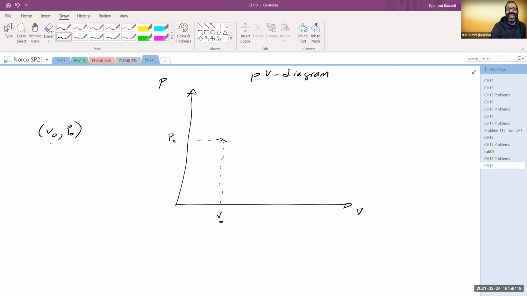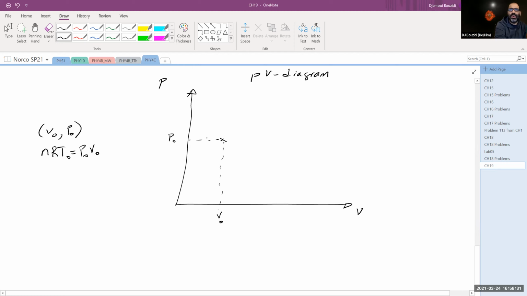Anyway, at this point, the temperature is well defined because this is an ideal gas. So at that point, we know PV equals nR T naught. So we know the temperature. This point has specific values in it. If we know its volume, we know its pressure, we know its temperature. Since we know its temperature, theoretically, we know its energy.